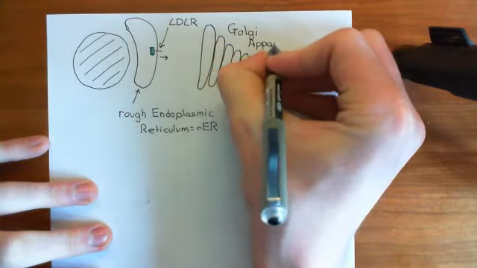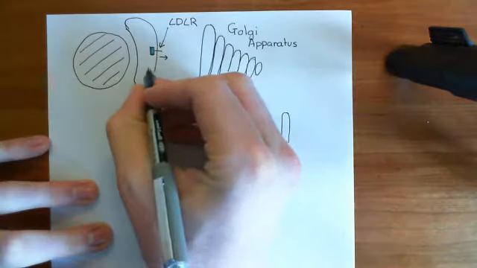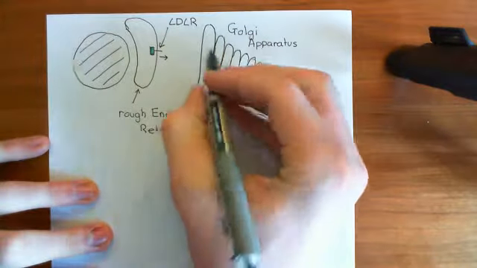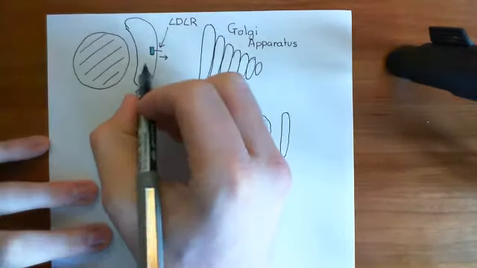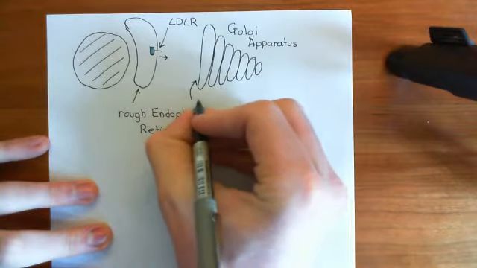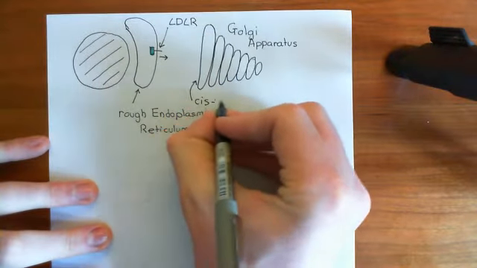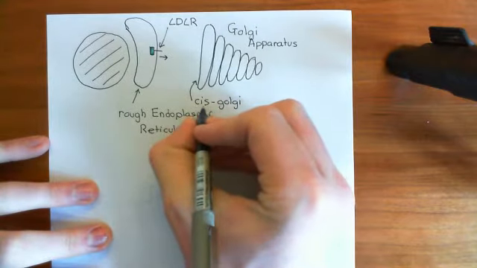Now, when you deliver contents from the rough endoplasmic reticulum to the Golgi apparatus, you come to the side which faces the rough endoplasmic reticulum first, and that side is called the cis Golgi. Cis means on the same side as.